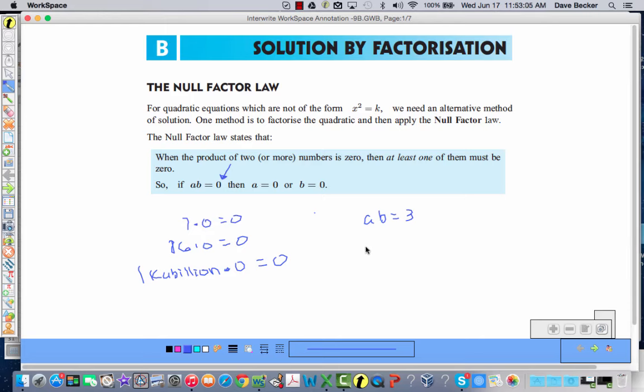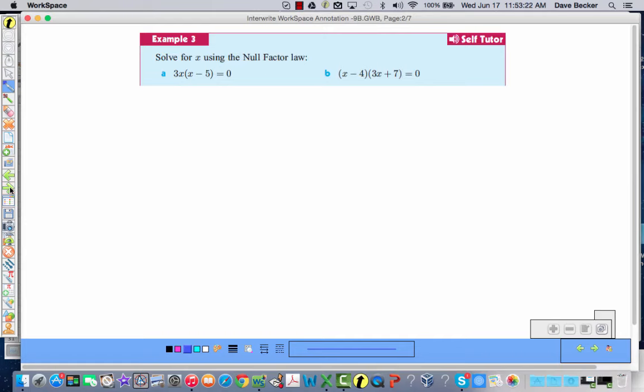In other words, if a was 3, b must be 1. That's the only choice for this to be true. But with 0, it doesn't matter which one. When it's equal to 0, either a can be 0 or b can be equal to 0 for the equation to be true.